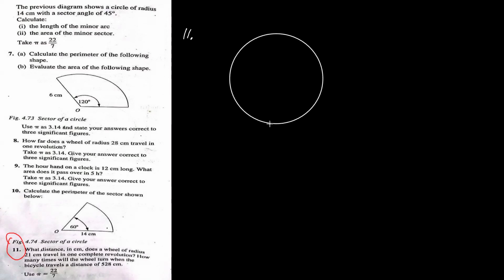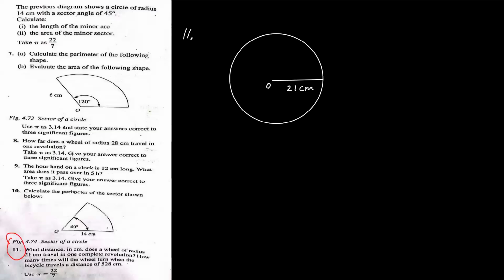The radius of the wheel is 21 centimeters. Now remember, the radius is from the center, we could call it O, to any point on the circumference. What distance in centimeters does a wheel of radius 21 cm travel in one complete revolution?